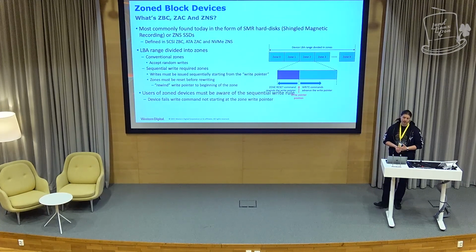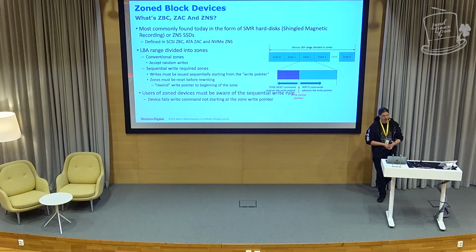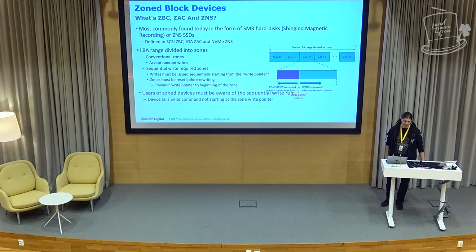And then there are the sequential write required zones, where you can only sequentially write at a write pointer, kind of like how a tape works. To rewrite old data, you have to reset the whole zone and restart writing. So you have to be aware of this rule in order to write to zoned block devices, because you can't just do random I/O inside a zone. Random writes, that is. Random reads still work.